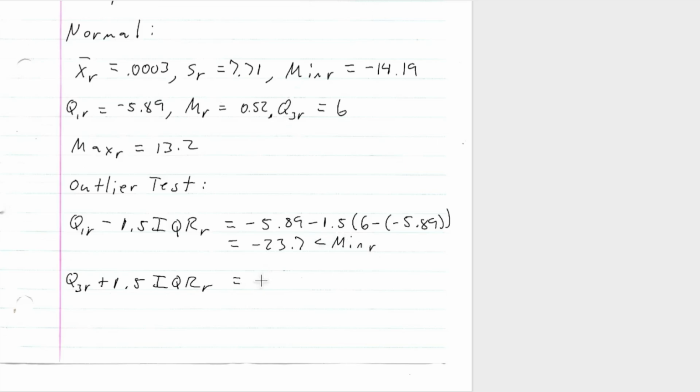The other one is going to be 6 plus 1.5 times 6 minus negative 5.89, which is equal to 23.84, which is bigger than our max for the residuals. So there are no outliers for our residuals, right?